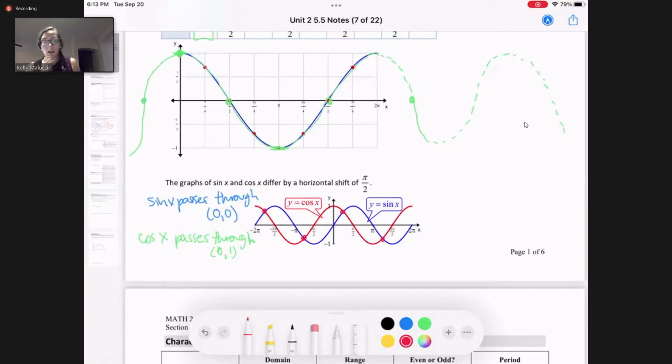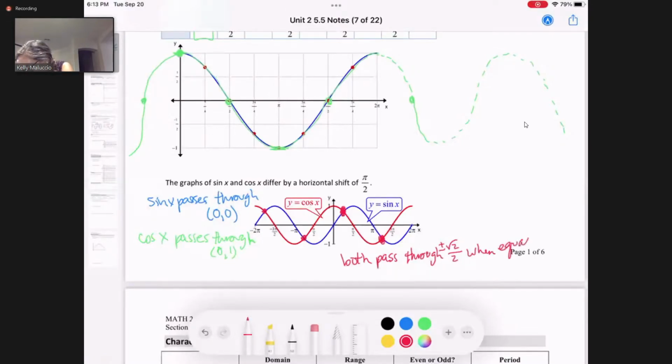You can see that. So we would say they both pass through square root of 2 over 2, plus or minus, right? Sometimes it's positive, like in this case, it's positive. In this case, it's negative.